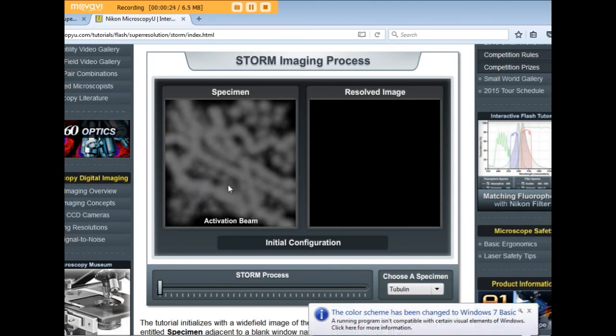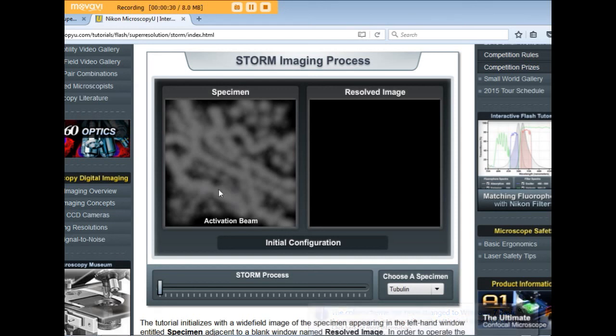It's totally dark because without the activation beam, these photoactivatable fluorescent proteins are non-fluorescent. So if you shine the excitation light, there will be no emission light coming out because these molecules are non-fluorescent. Now let's shine the activation beam.